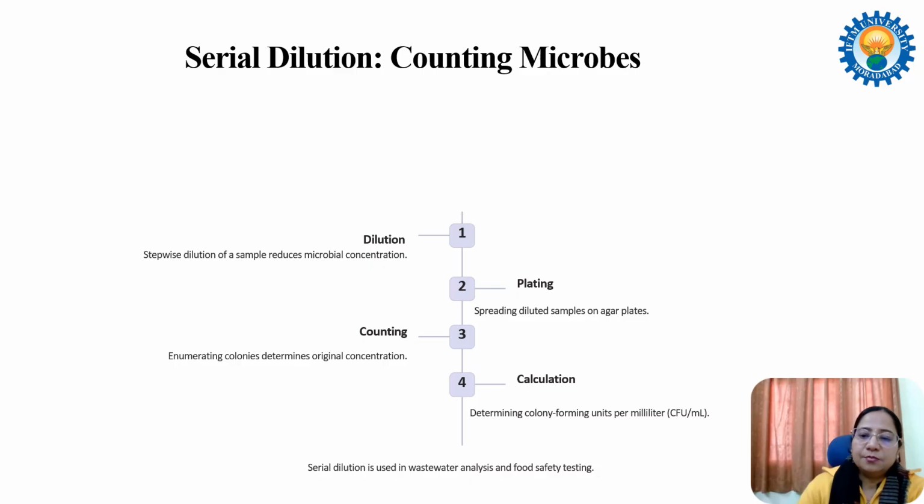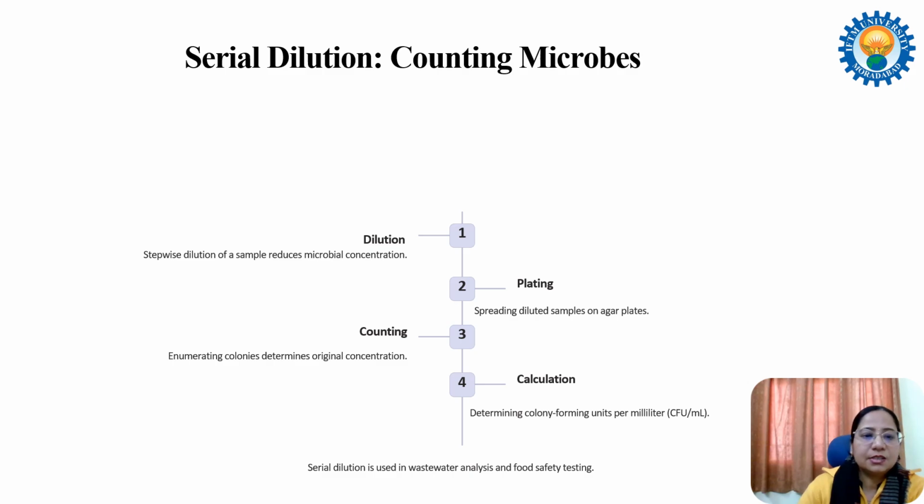If we isolate microorganisms from any source like air, water or soil, there are so many microorganisms that we cannot distinguish them. In order to increase the distance between these microbial colonies, we go for the serial dilution.